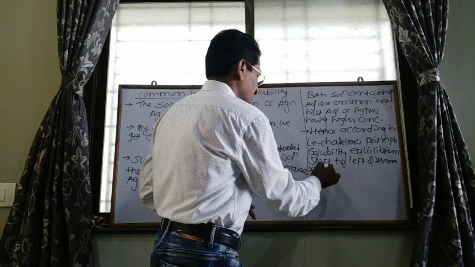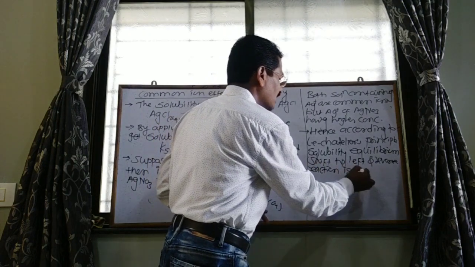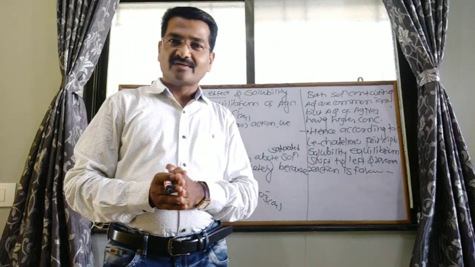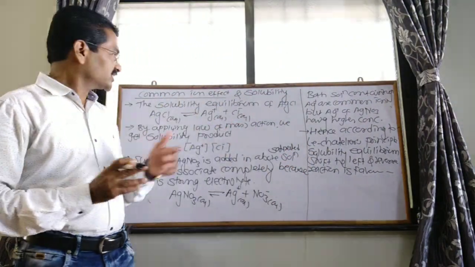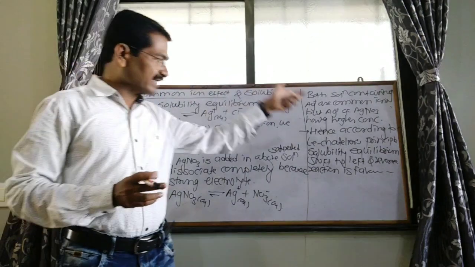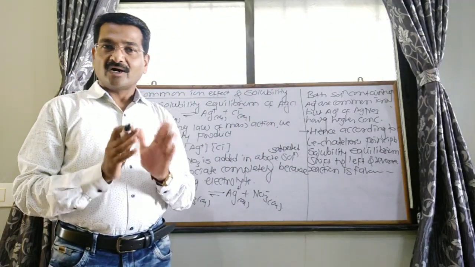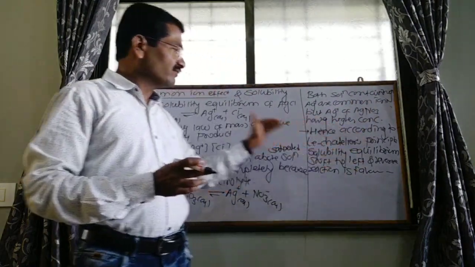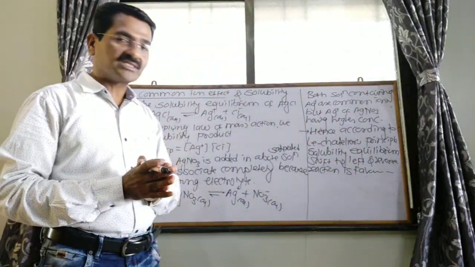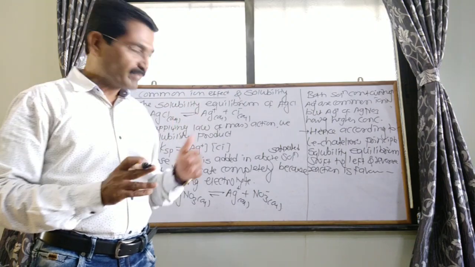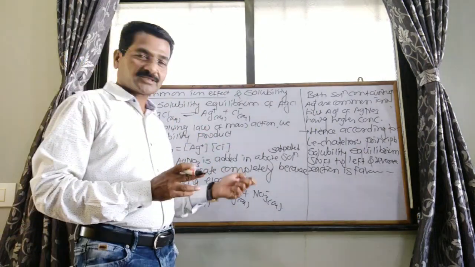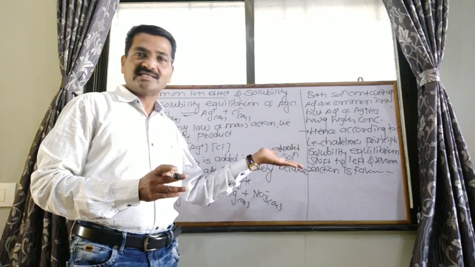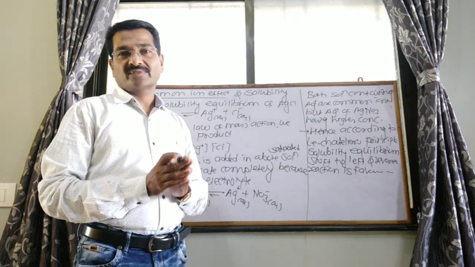Likewise, we can derive the relation between common ion effect and solubility: by addition of silver ions at high concentration from AgNO3, the solubility of AgCl decreases.